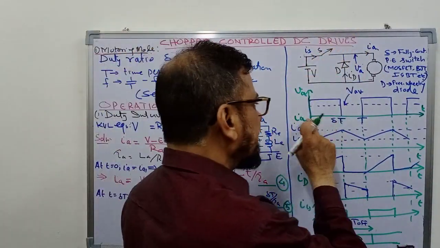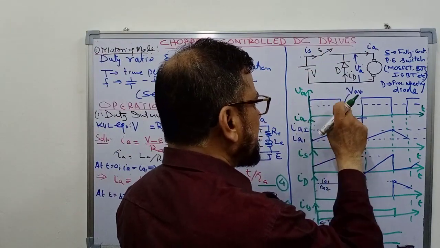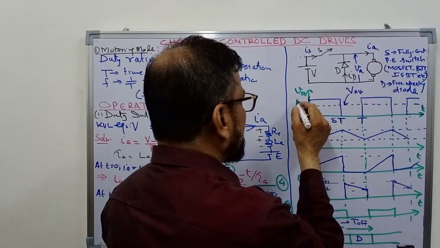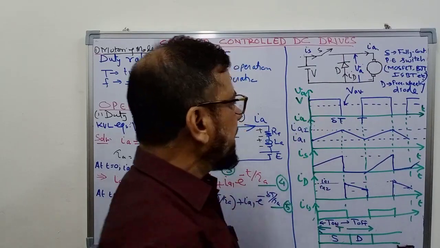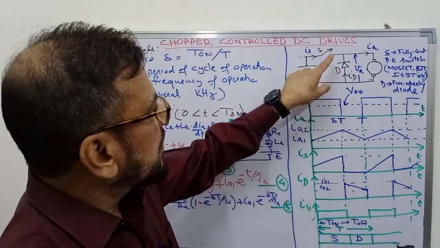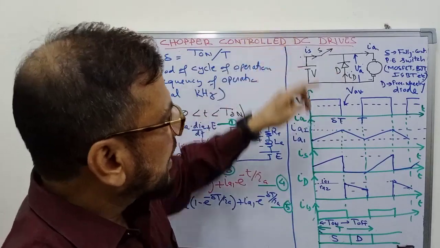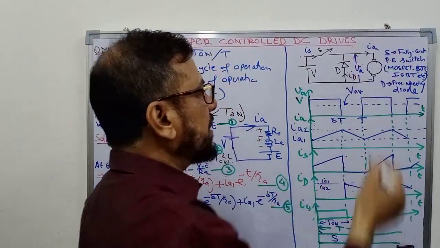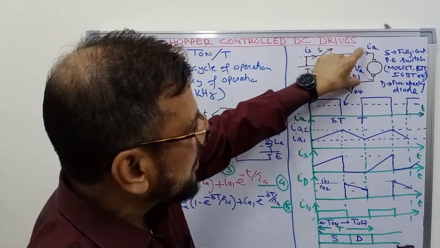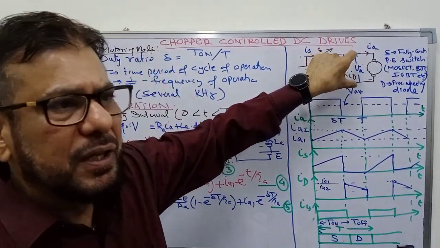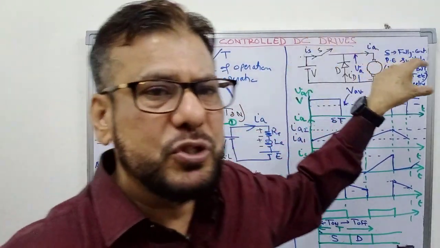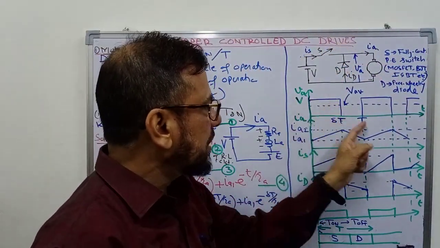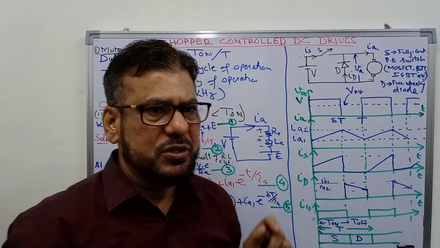So during the on period of the switch, the voltage across armature is equal to the source voltage V, and when the switch is turned off, current is forced to flow through the freewheeling diode D, and the voltage across armature will be the same as the voltage across the diode. If we are assuming an ideal switch here, the voltage will be equal to 0. In that way the voltage will fluctuate across the armature.